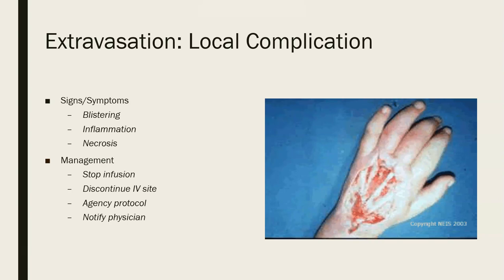Like in the ICU, Levophed is a common vasopressor that's given, and it should always be given through a central line. Sometimes in emergency situations, it's given in a peripheral IV, but this is risky because it's a vesicant, and it can cause tissue breakdown and even necrosis of the tissue. That's just one example. There are several vesicant medications that we have to be very, very careful with.